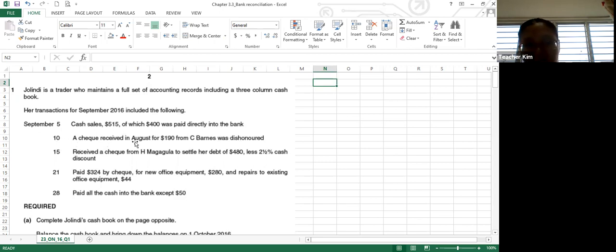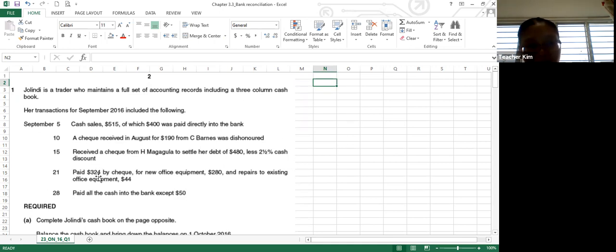A check received in August for 190 from C Bank was dishonoured. Received a check from H Magagula to settle her debt, less 2.5 cash discount.